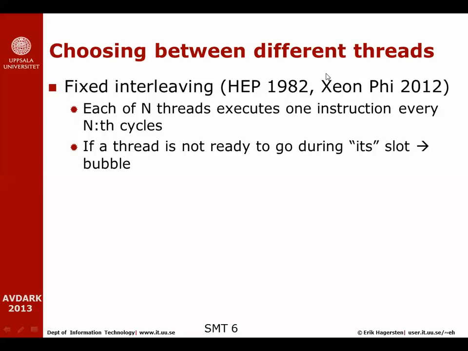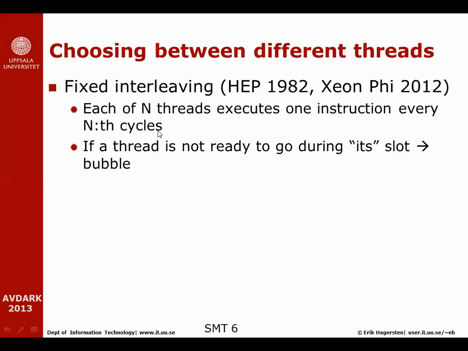So what fixed interleaving means is that you divide the execution into, let's say, odd and even, red and yellow slots in a static way. To say that in a more general way, if you have N threads executing in your multi-threaded architecture, then every one of these threads can execute one instruction every Nth cycle.